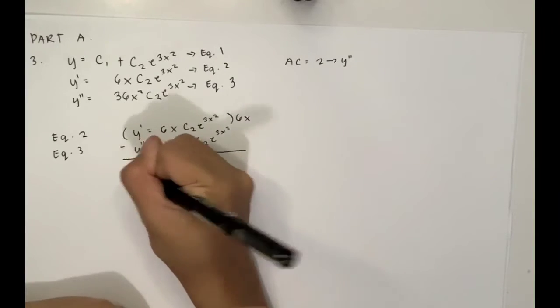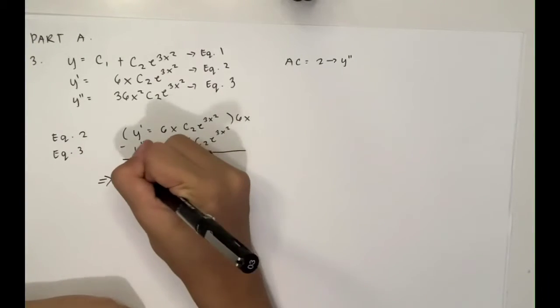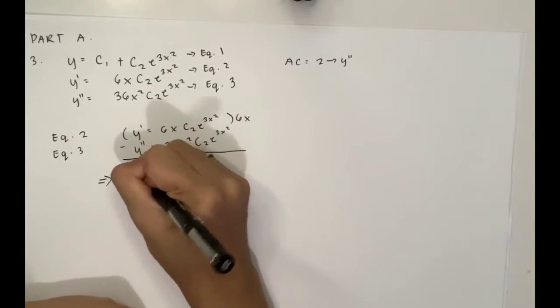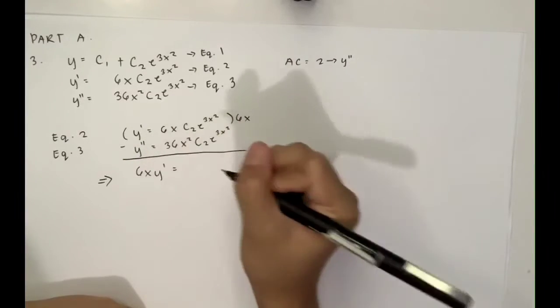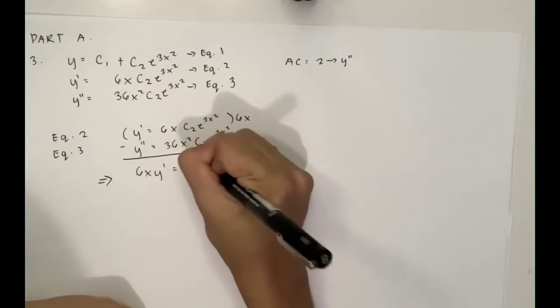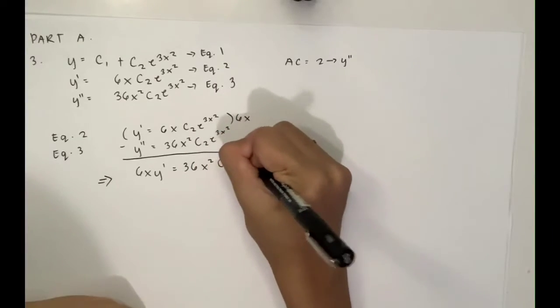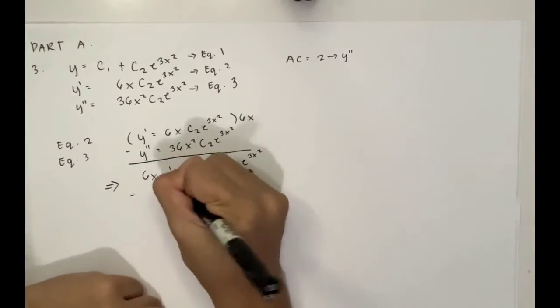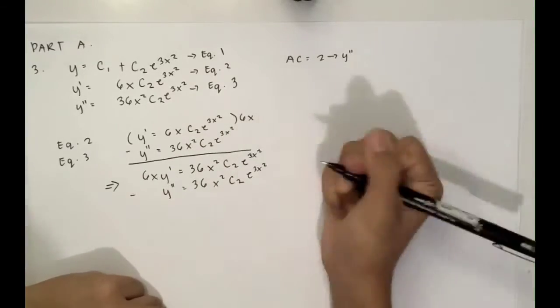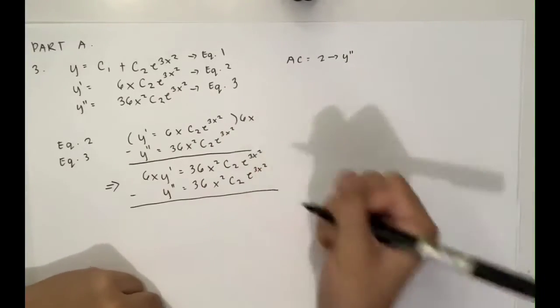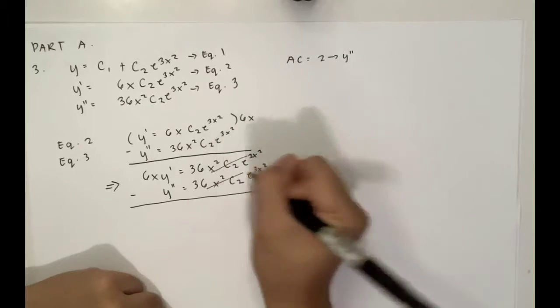So here, 6x y prime is equal to 36x squared c sub 2 e raised to 3x squared. Copy lang natin yung equation 3. Ayan. So, makakancel na to and eto.